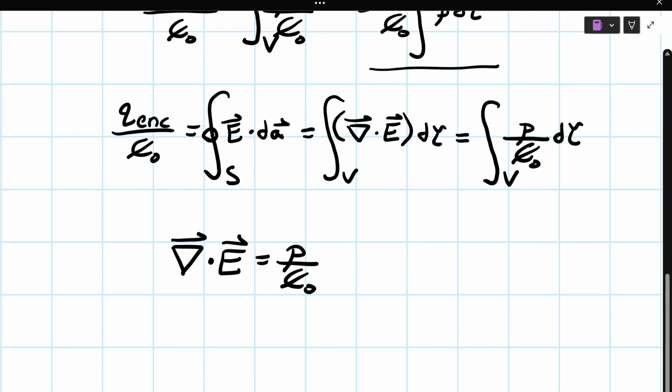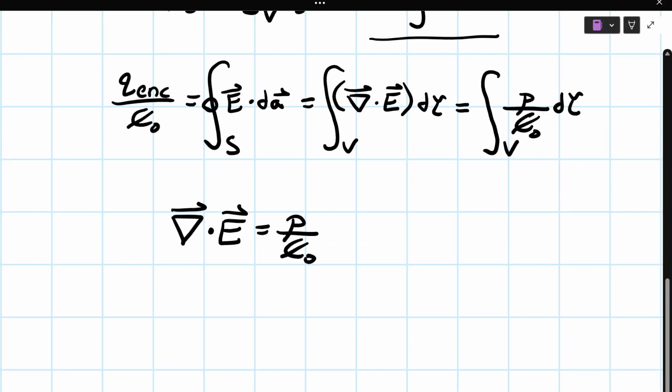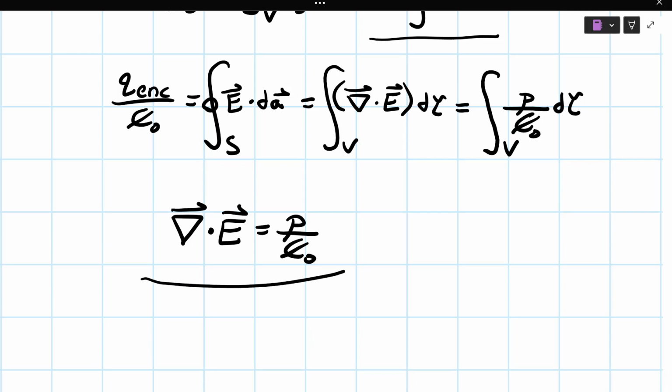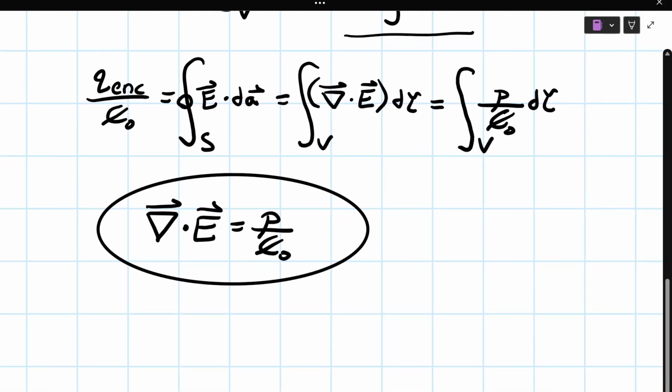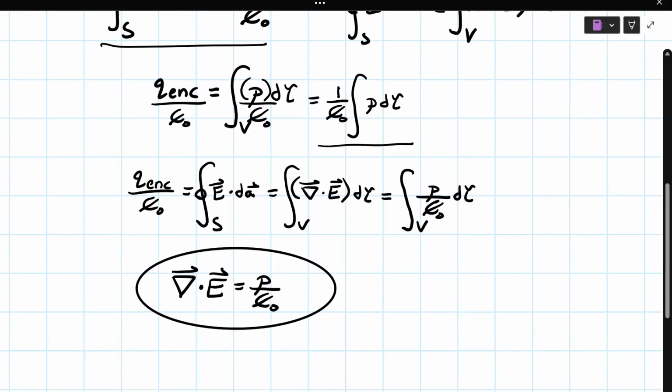No d tau. And so we end up knowing that the divergence of the electric field is equal to the charge density rho over epsilon naught. And that's an important aspect in solving this problem.